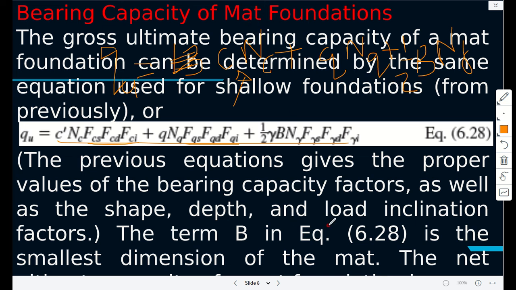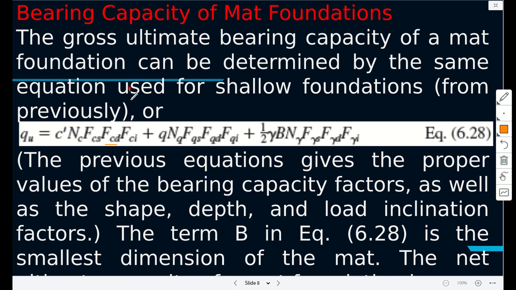The root of the equation is the Terzaghi equation, as we have proved before. So the previous equations give proper values of the bearing capacity factors as well as the shape, depth, and load inclination. So this is for depth. When the soil is not compressible, then you don't need it.